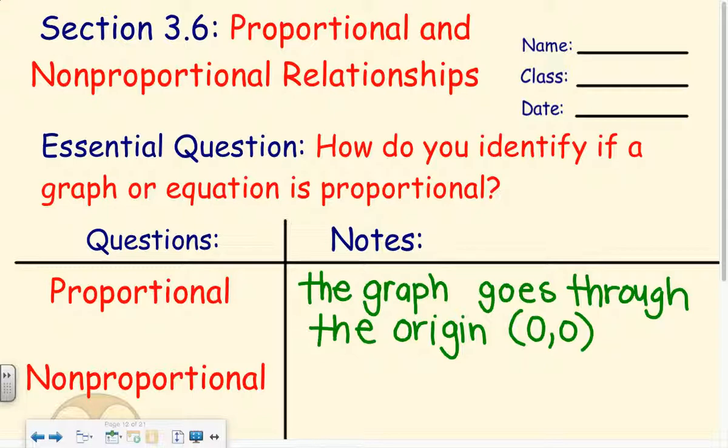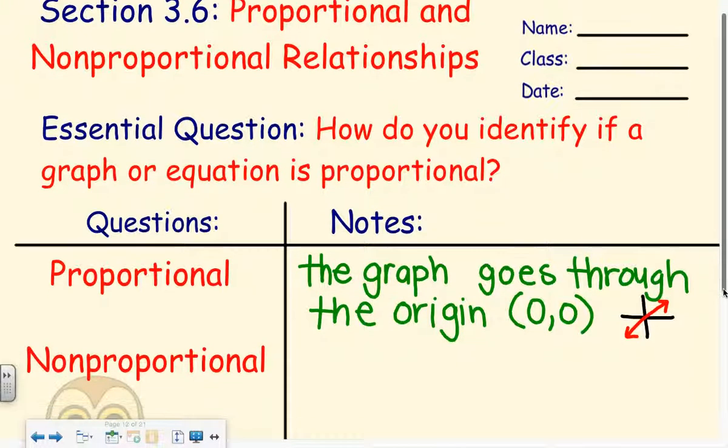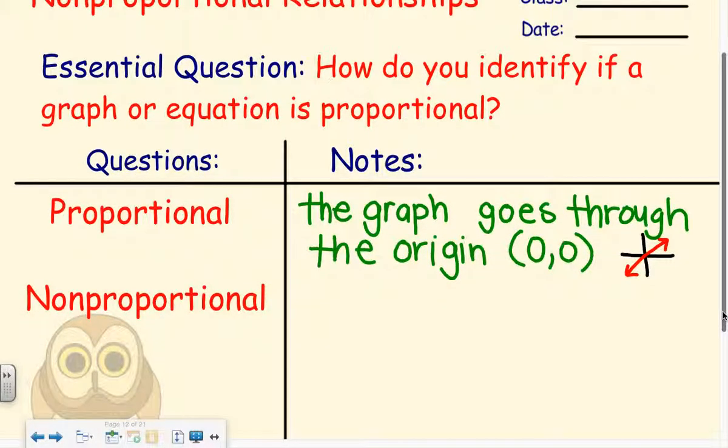So if I draw a coordinate grid here, my line is proportional if it goes through that origin, 0, 0. Non-proportional means that the graph does not go through the origin.